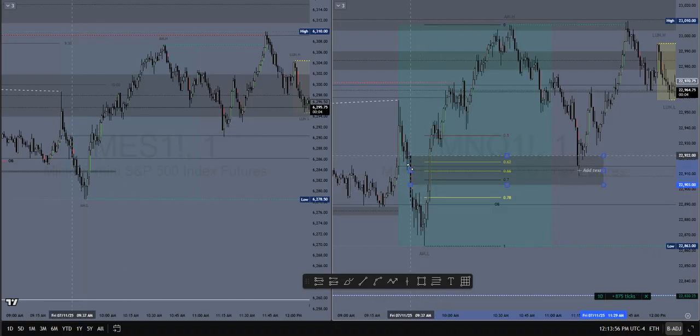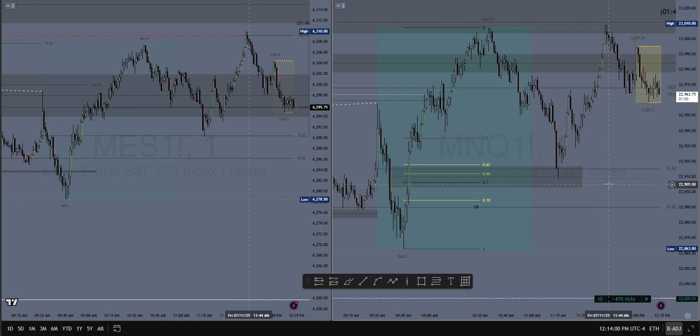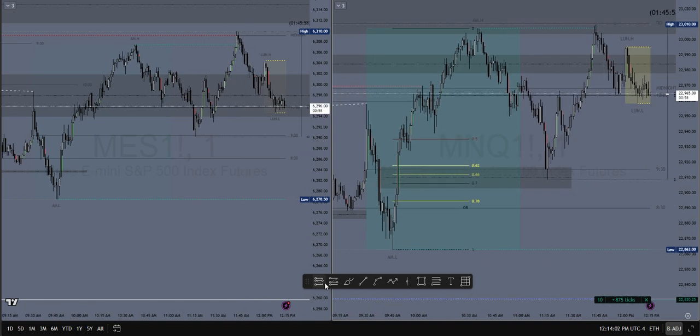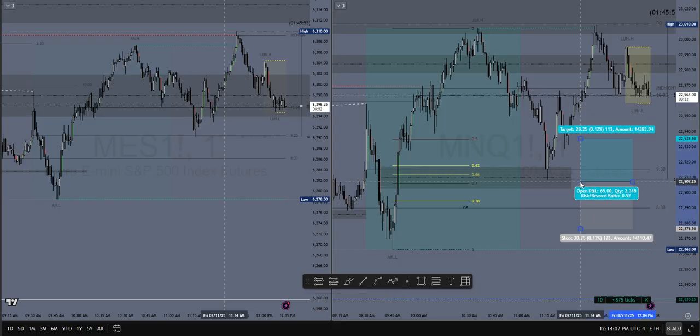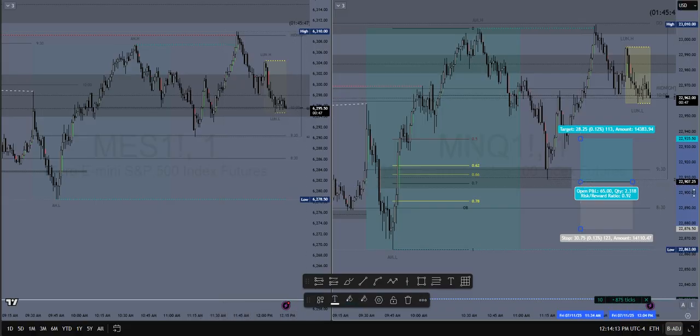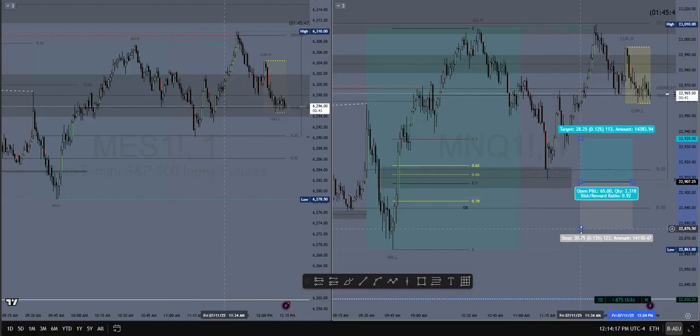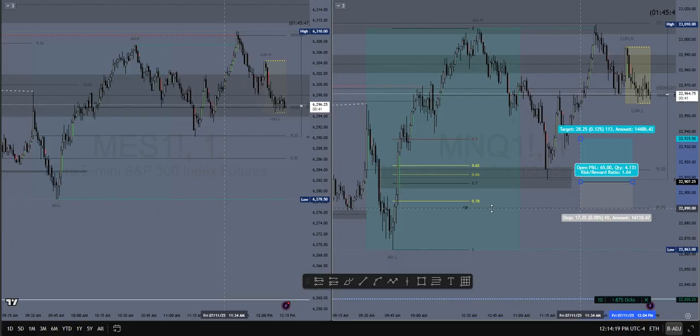So I had my eyes on this. I initially, using OTE, targeted my entry around 0.7, but at this price, 22,907, it was that flat.